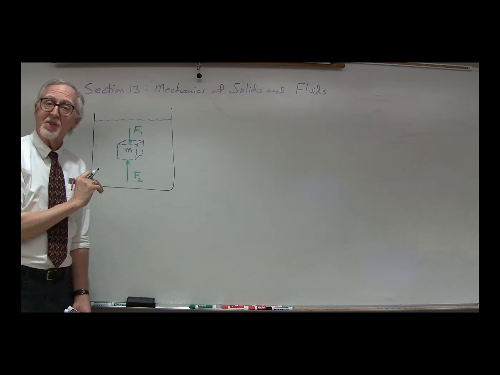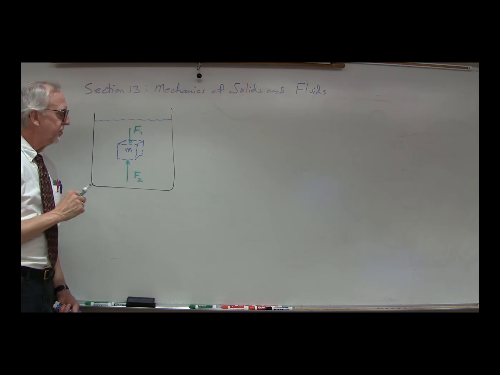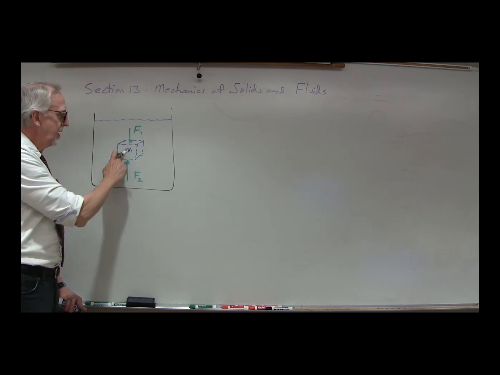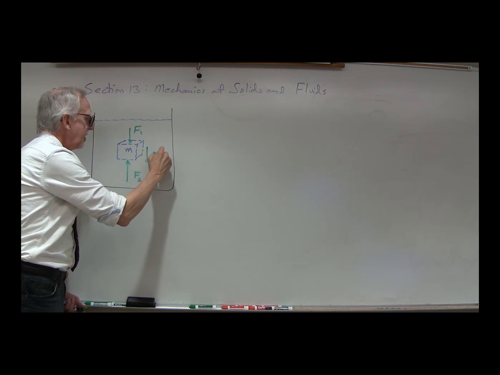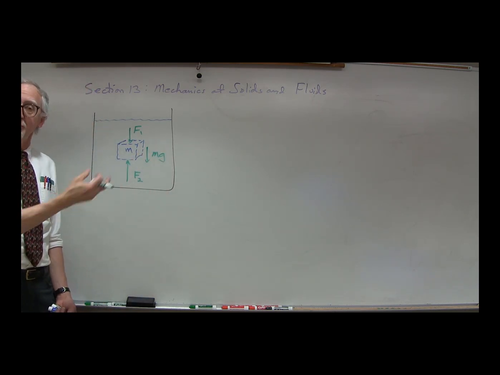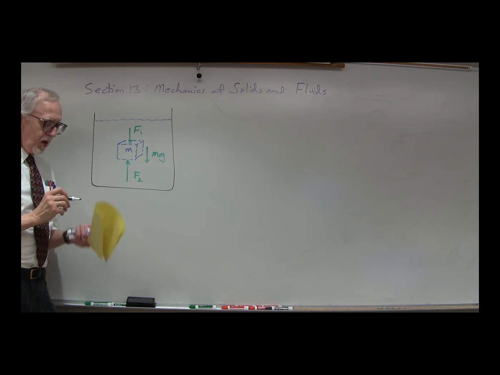There's also a force acting on this volume of liquid due to its weight. If it's got a mass m, it has a weight equal to mg. Gravity is pulling it down.